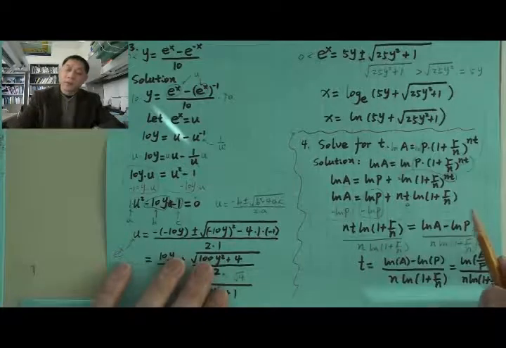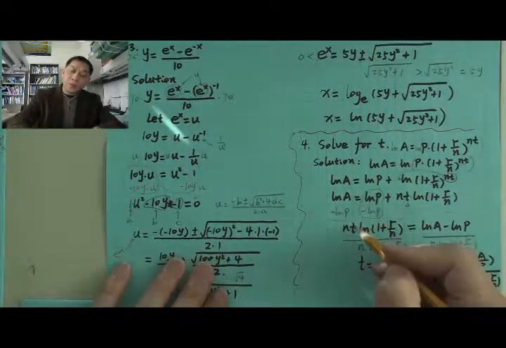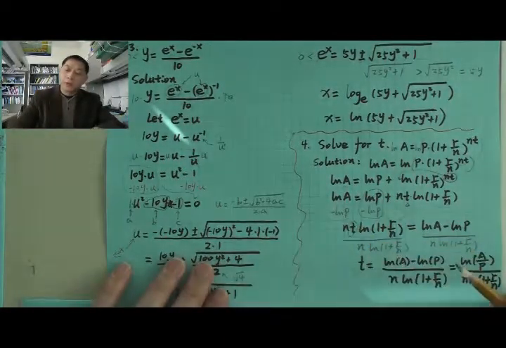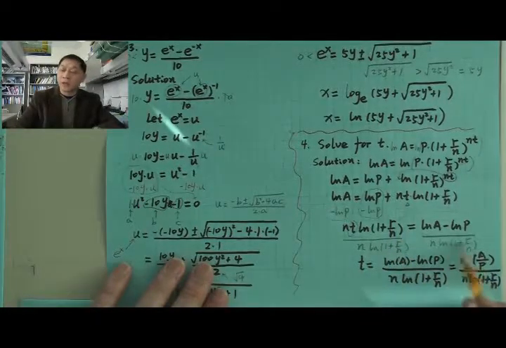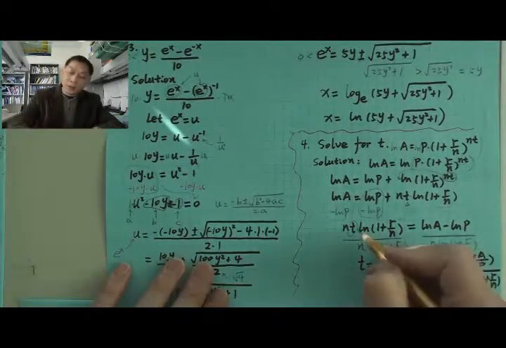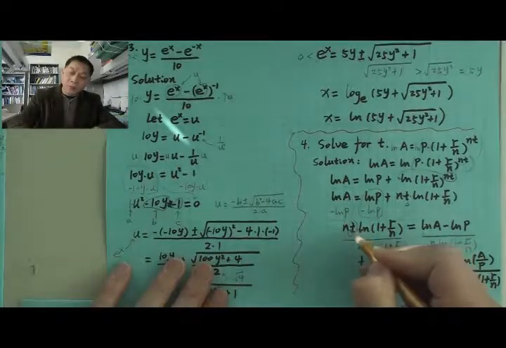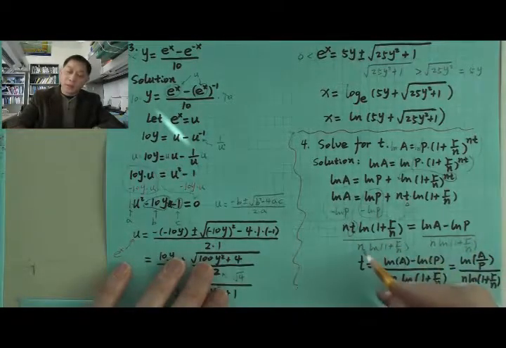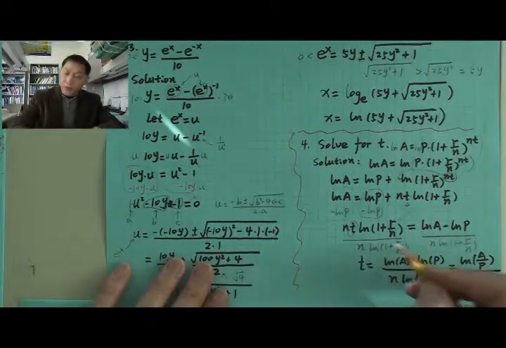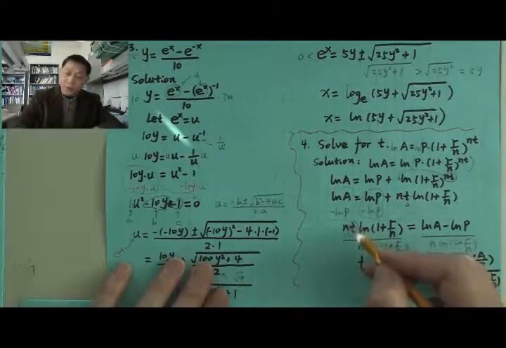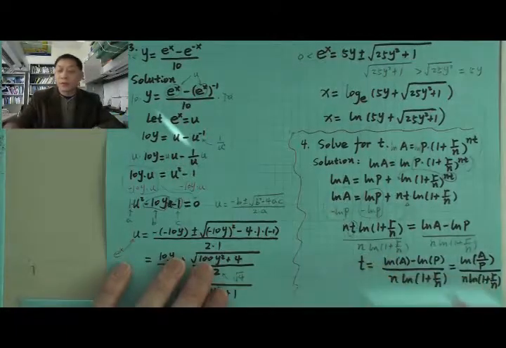Now, you want to isolate t, remember? So then you want both sides divided by n, and then natural log of 1 plus r over n on both sides, because here it's all multiplication. This n cancels this n, this natural log cancels this natural log, so you have t isolated. So you solved for t.